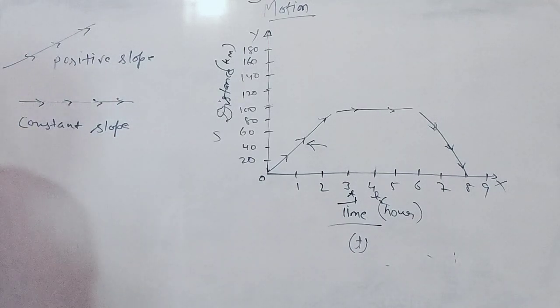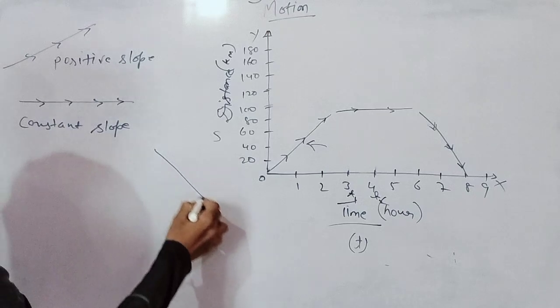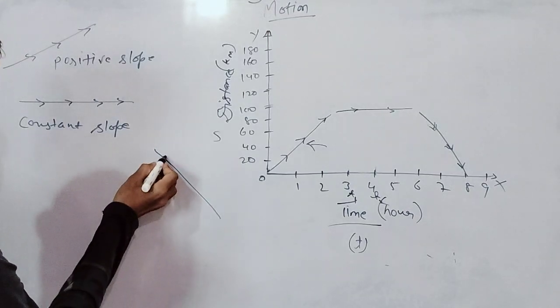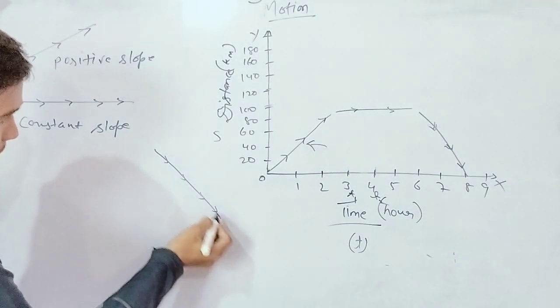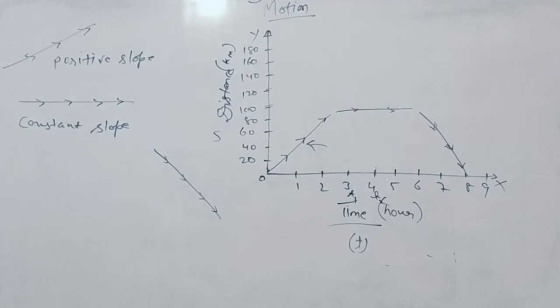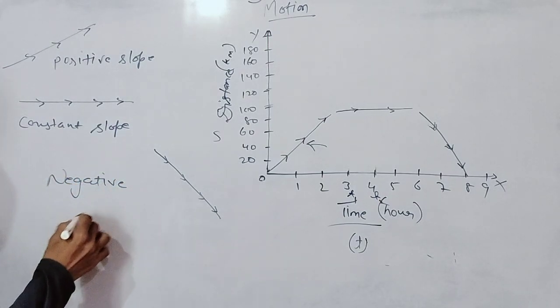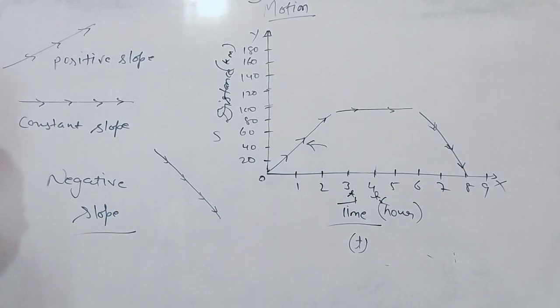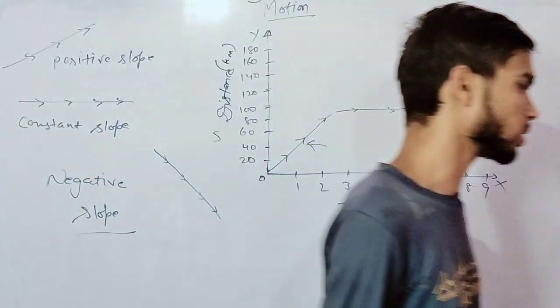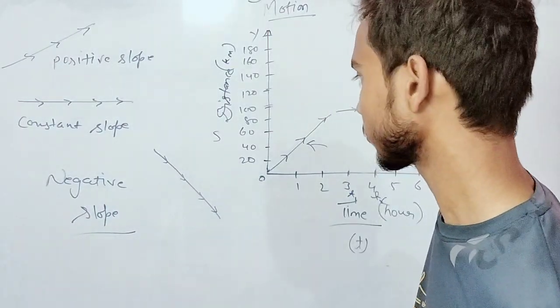So if a line is straight, we would consider that line as a constant slope. Now next, if it is coming down like that, if a slope is decreasing, we would consider this kind of slope as a negative slope, clear? Because it is decreasing.